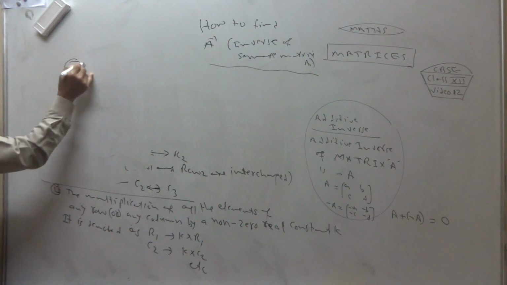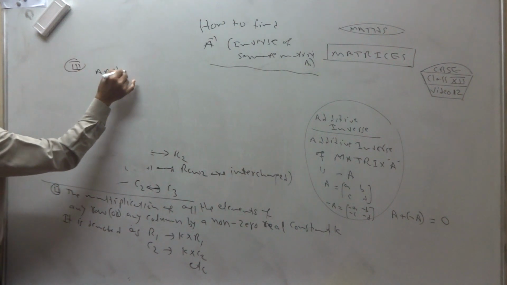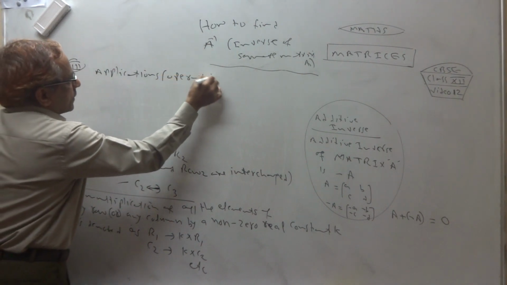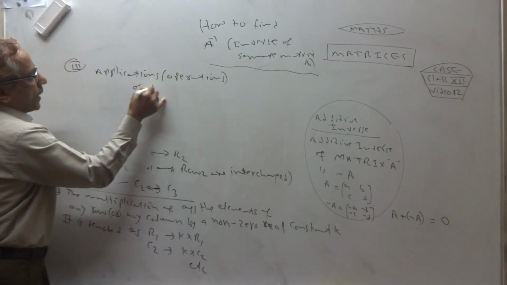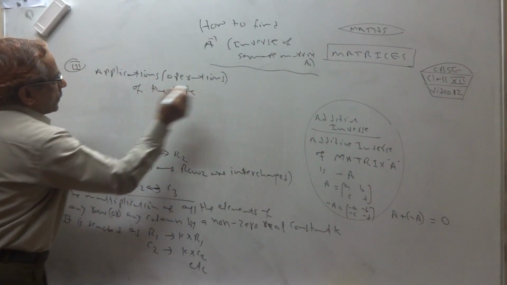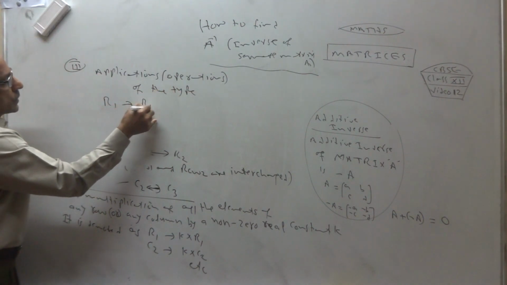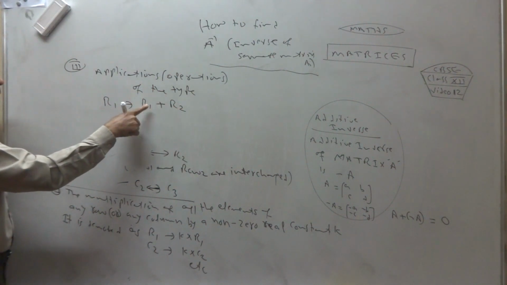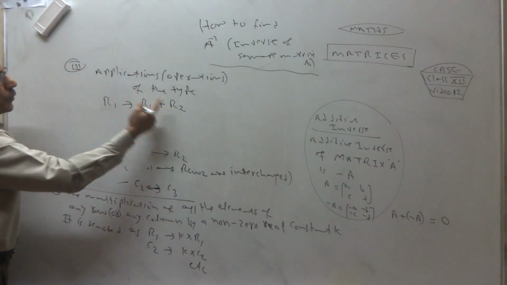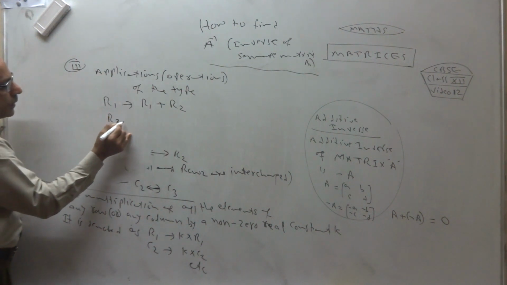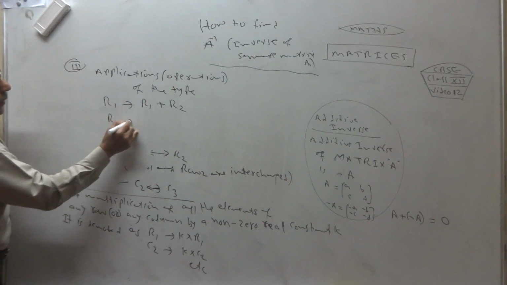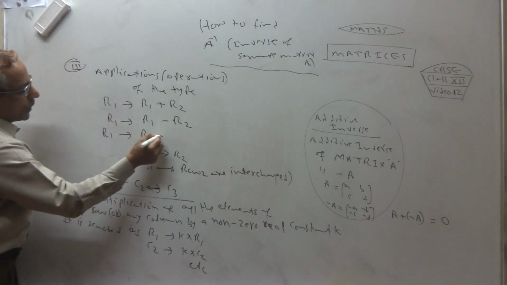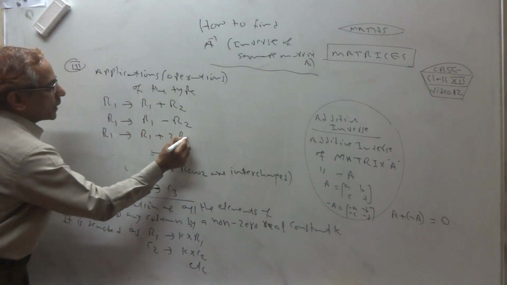The third one is applications or operations of the type R1 gives R1 plus R2. In row 1 you can add all the elements of R2. Row 1 gives row 1 minus row 2. Row 1 gives row 1 plus 2 times R3.